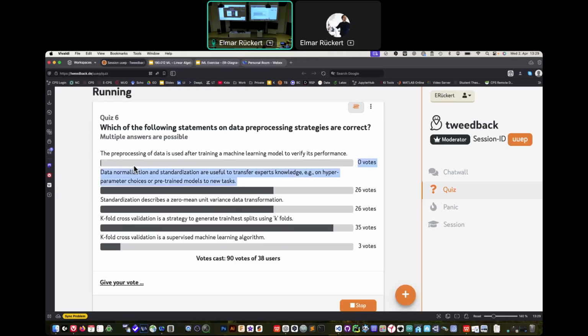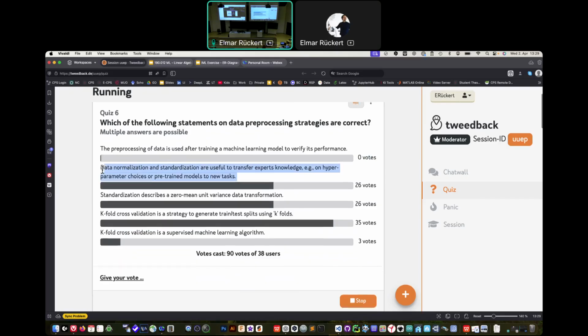So this is essential. This is correct. And that's really one of the major reasons why you want to normalize your data. So ideally, you want to apply the same settings for any problem using the same model. And here normalization or standardization, they help.